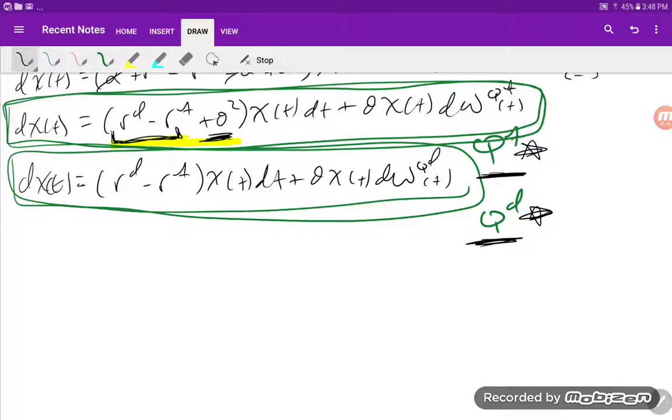This will all be the same logic as the solution to geometric Brownian motion, which I also did in the third part of the Black-Scholes series. So what we're going to do is consider the function log of x.